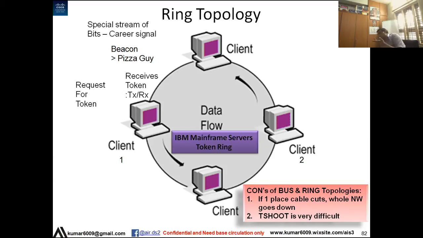Basically, two Ethernet cards will connect and form a ring. Every host will have two Ethernet cards. You connect like this, it becomes a ring. Correct? After this, what happens?